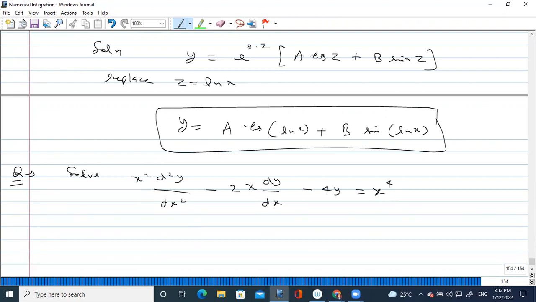So this method will give you only the complementary function. So you can do that here also. Take the whole left-hand term equal to 0, then it will give you the complementary function. And I told you, to get the particular integral, you will utilize 1 upon f(D) into R. R is x to the power 4, but that you have to convert into z terms and then apply. So can you solve it?